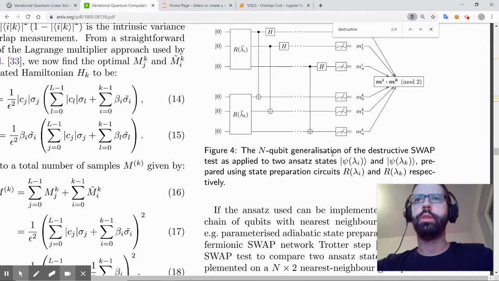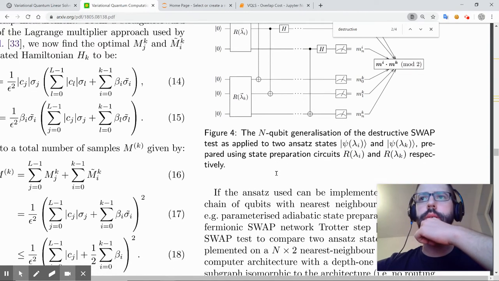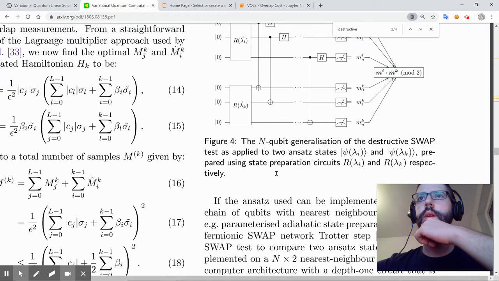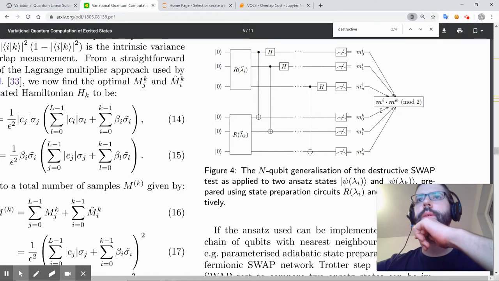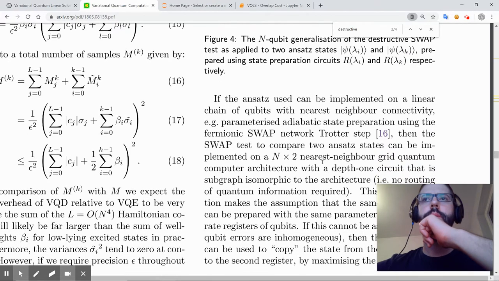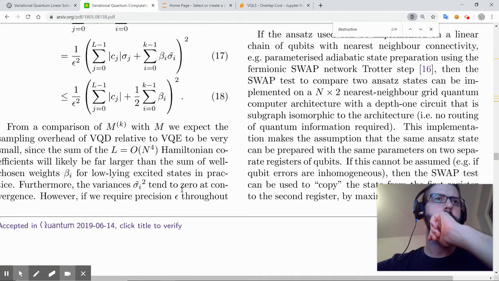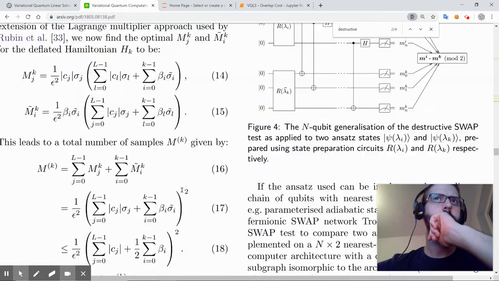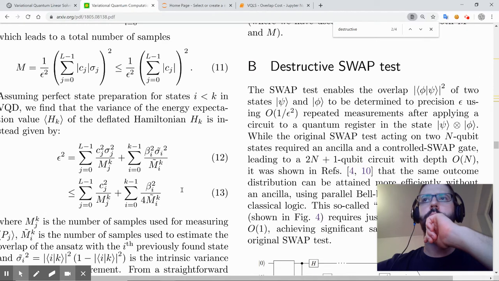The n-qubit generalization of the destructive swap test is applied to the destructive swap test.